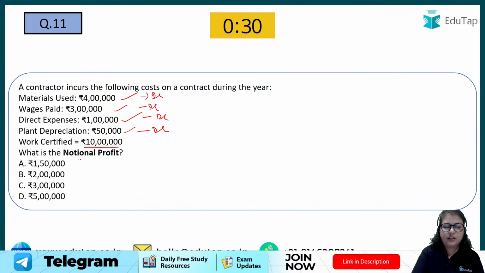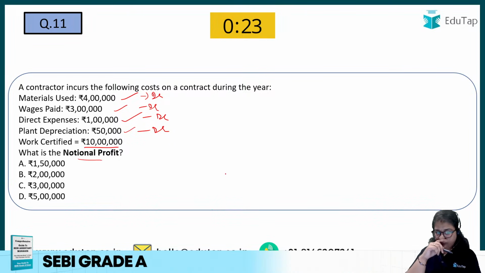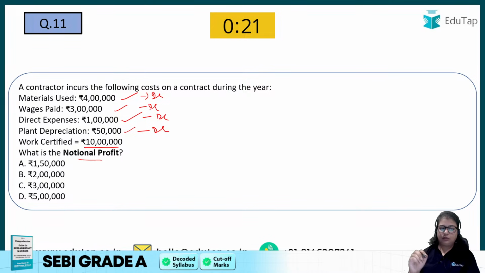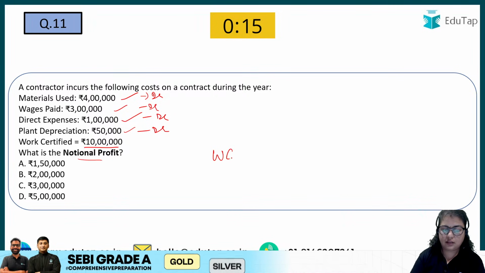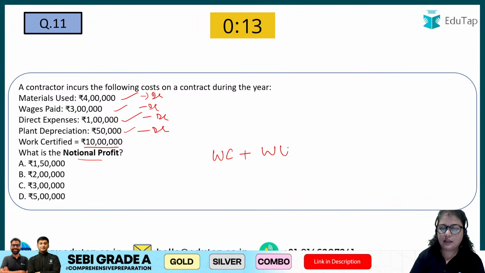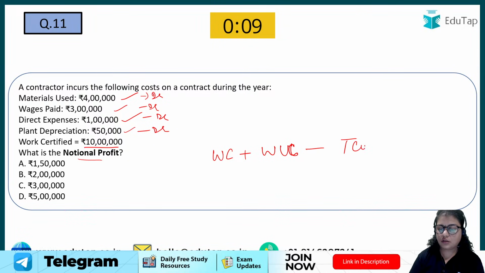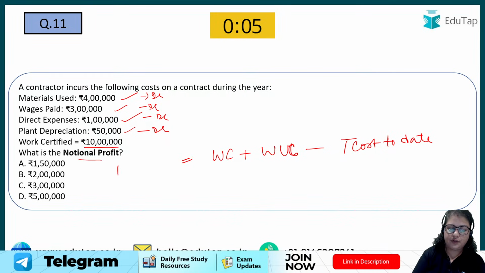And so what is notional profit? What is the formula? All the expenses are taken into account. Work certified plus work uncertified minus the total cost to date will be my notional profit.